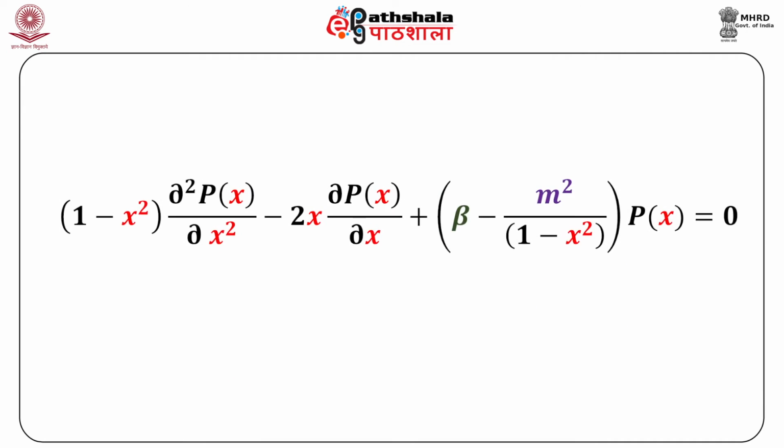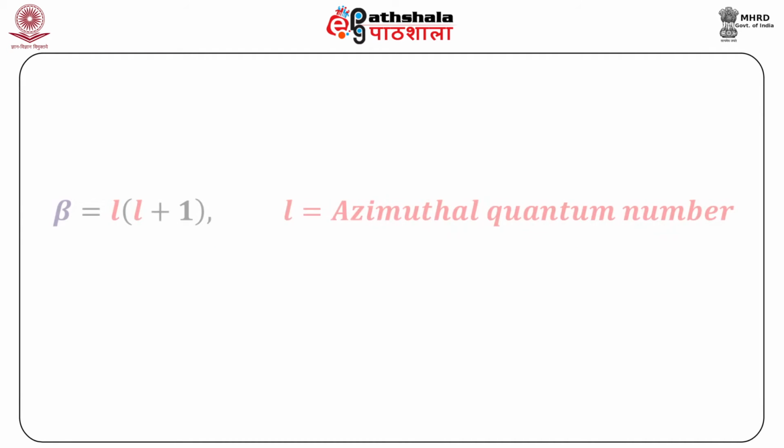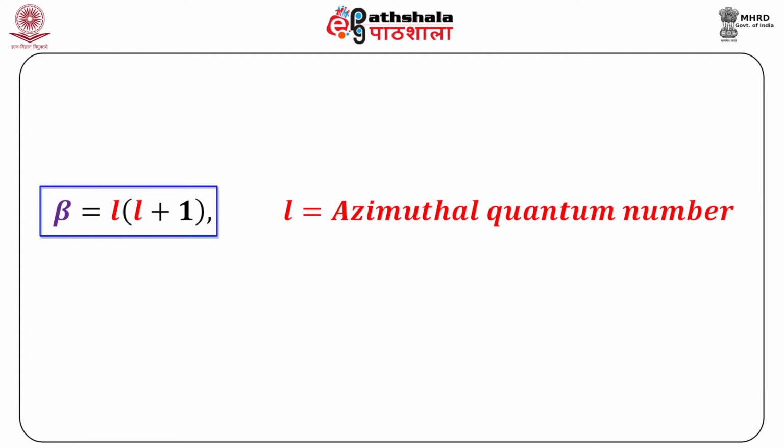With these substitutions, the theta equation can be very easily transformed into Legendre's equation, and it becomes exactly Legendre's equation if beta is substituted to be equal to L into L plus 1.